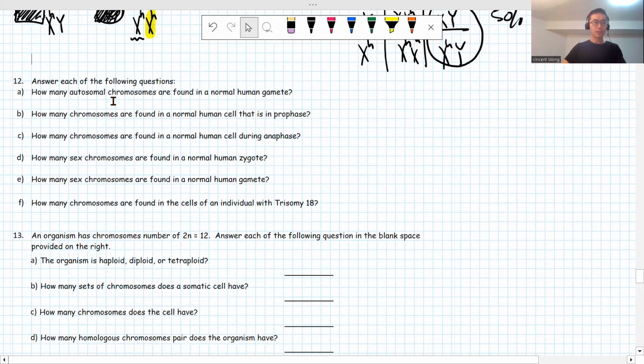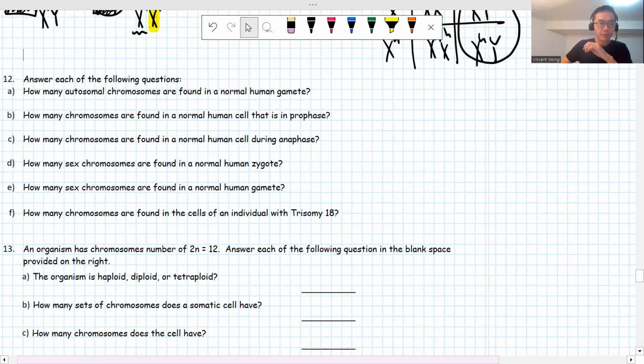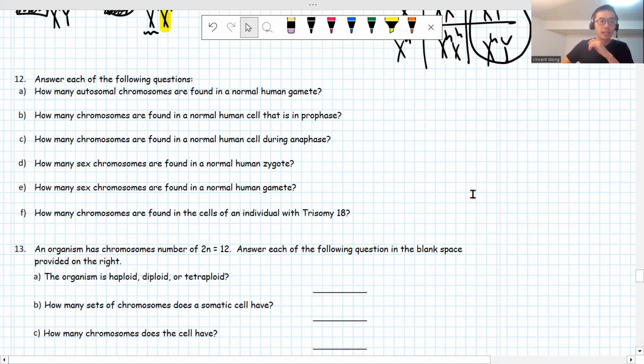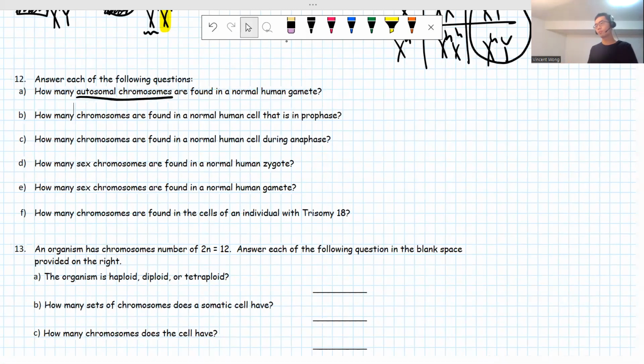Okay, let's go through this one. Answer each of the following questions. How many autosomal chromosomes are found in a normal human gamete? Autosomal chromosomes, or autosomes, are the chromosomes excluding the sex chromosomes.